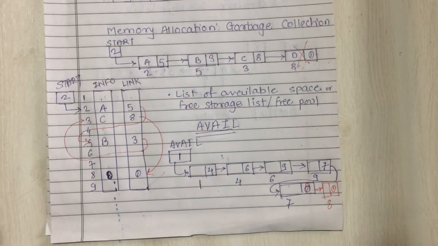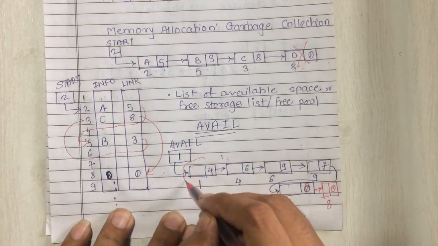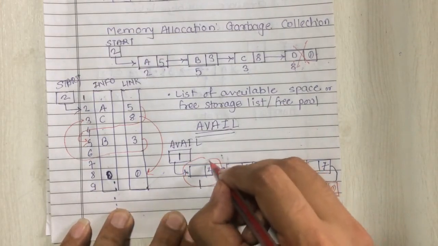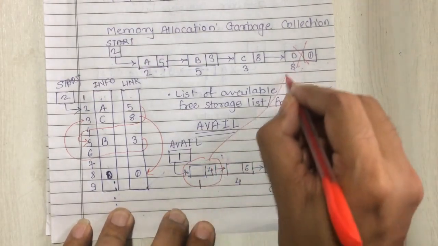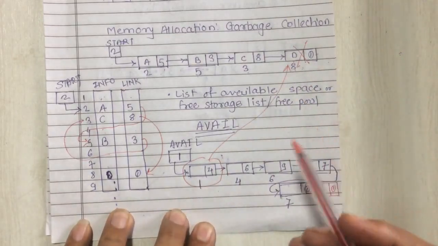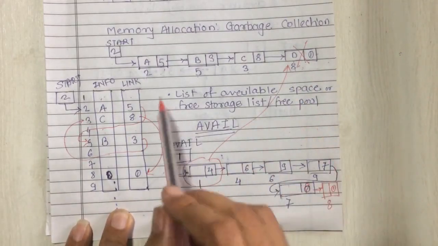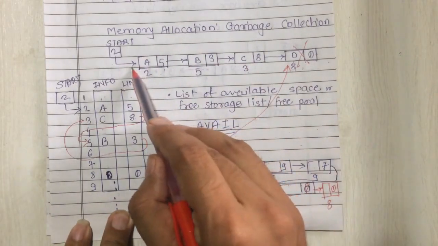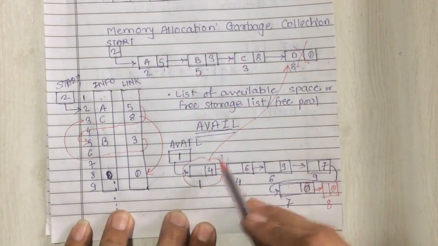Now suppose I want to insert one more node. How am I going to insert? To insert one node, first we require one free node. So at that time we have to choose the first node from the avail list, and that we are going to connect in the linked list. Whatever location you have given, accordingly you connect that node in this linked list. You can connect at the start, in the middle of the linked list, or at the end.